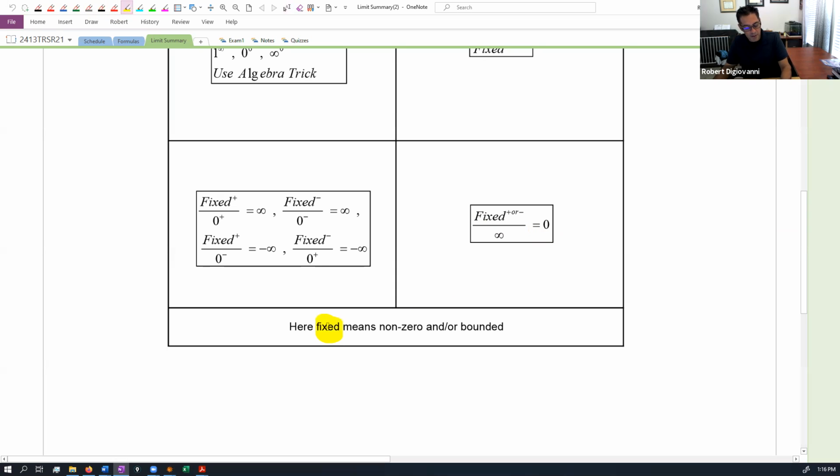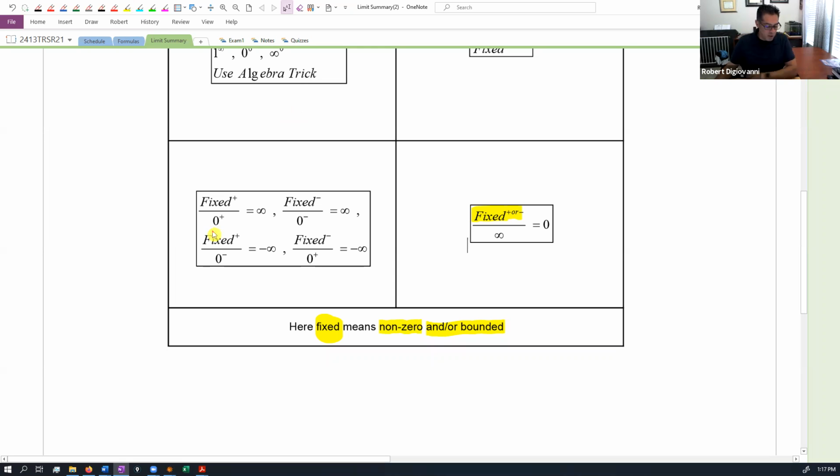Here, fixed means non-zero and or bounded. So when I say fixed here, I mean, yes, it could be just a number like 10 over something that's becoming infinite, or 5 over something infinite. Or if it's bounded over something infinite, then it goes to 0. That makes sense? Well, it's bounded. You can just think of it as like an interval that functions as a constant almost, and a constant over infinity is going to go to 0.